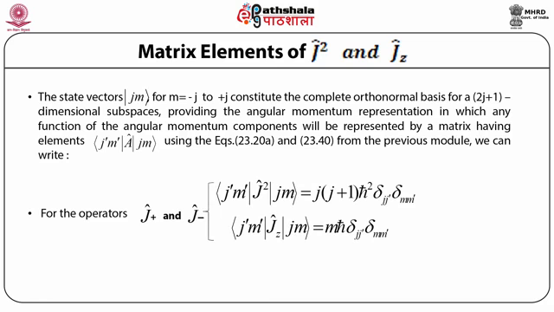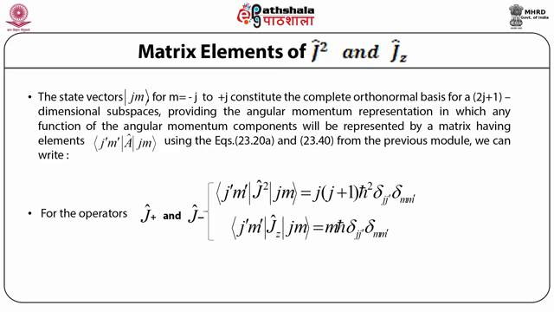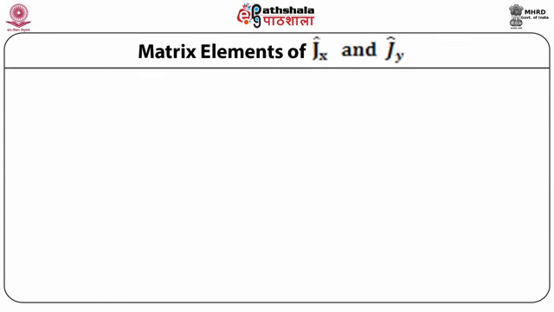And the values of these can be found out by taking the scalar product of these with the ket vector J prime M prime. Matrix elements of Jx and Jy.